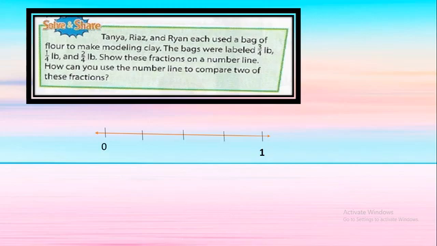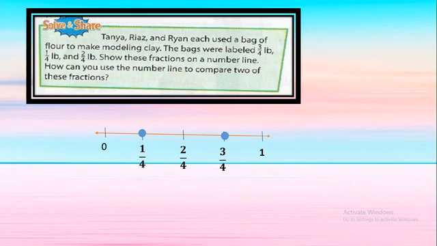Labeling the dividing marks 1/4, 2/4, and 3/4. So as you can see, the values increase as you move to the right. So locate 1/4 on the number line. So here is the 1/4. And 3/4. Here is the 3/4.